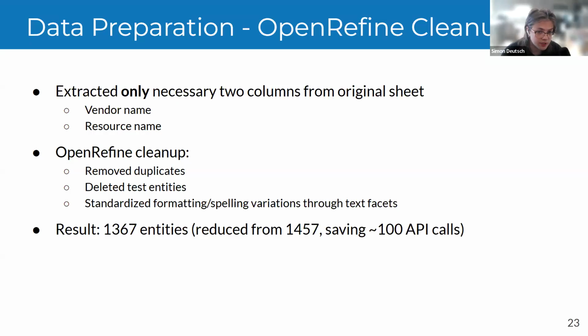I removed duplicates or test entities that would have turned up no results. I also used faceted classification to find places where resources or vendor names were meant to mean the same thing, but were formatted slightly differently. I was thinking at this point, any extra entity would be extra token costs, and this cut out about 100, which wasn't a substantial difference, but it definitely helped.